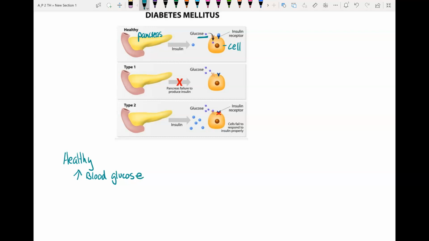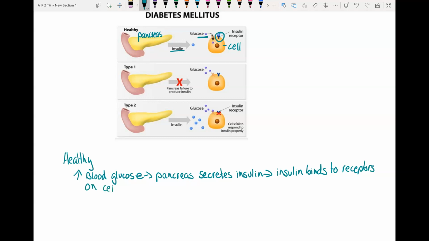In response to that, the pancreas secretes insulin. The insulin binds to receptors on the cells, and the cells take up the glucose.